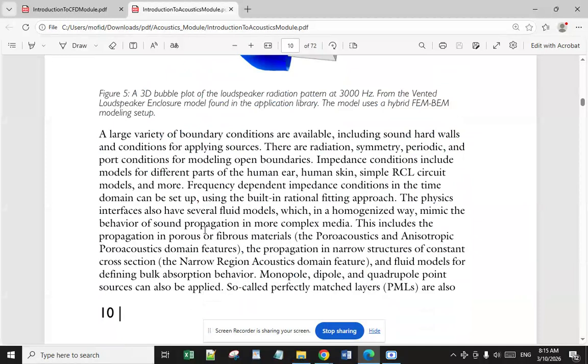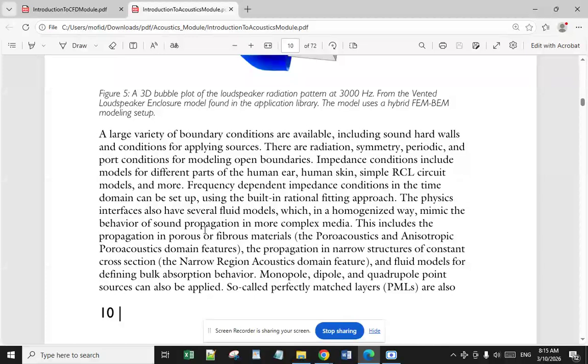Frequency-dependent impedance conditions in the time domain can be set up using the built-in rational fitting approach, and the physics interface also has several fluid models which in a homogenized way mimic the behavior of sound propagation in more complex media.